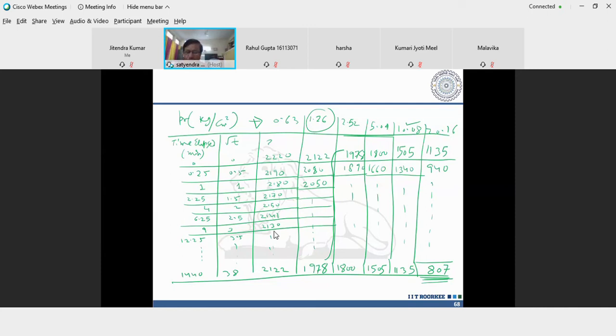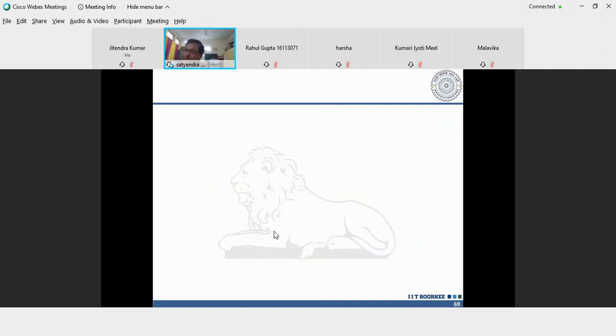Okay, now with this set of readings, we prepare another table, a table of interpretation. So what is this table?